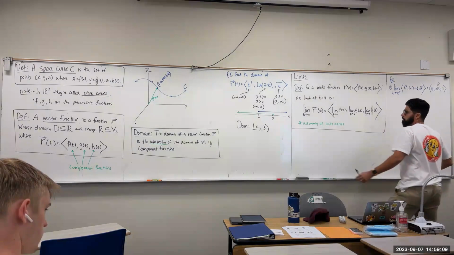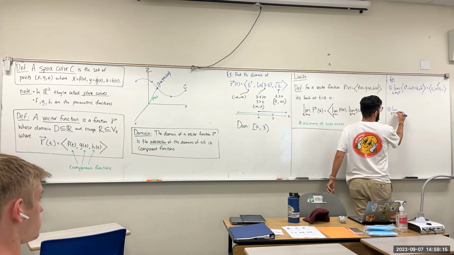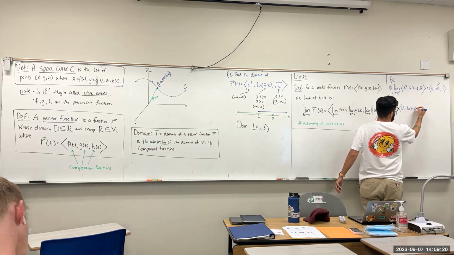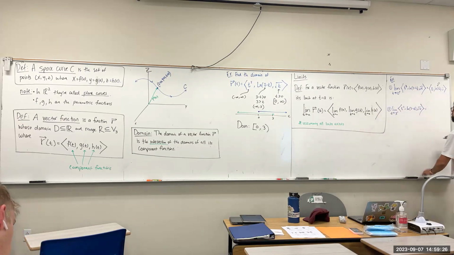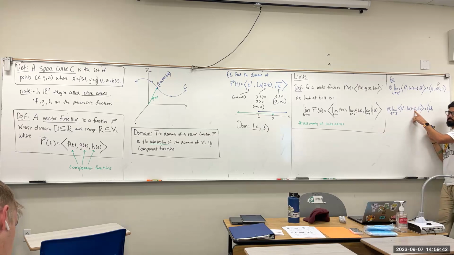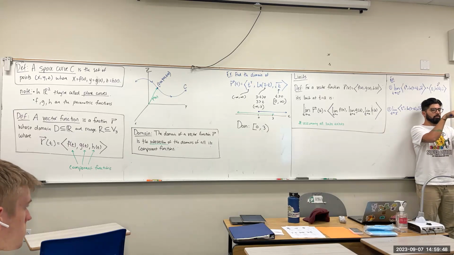Now let's see what happens if I approach 3 from the left. Help me out here. Can I just plug in 3 here? Yep. What's that? 27. Ooh, here's where it's going to get weird. What happens to ln as the inside approaches 0?